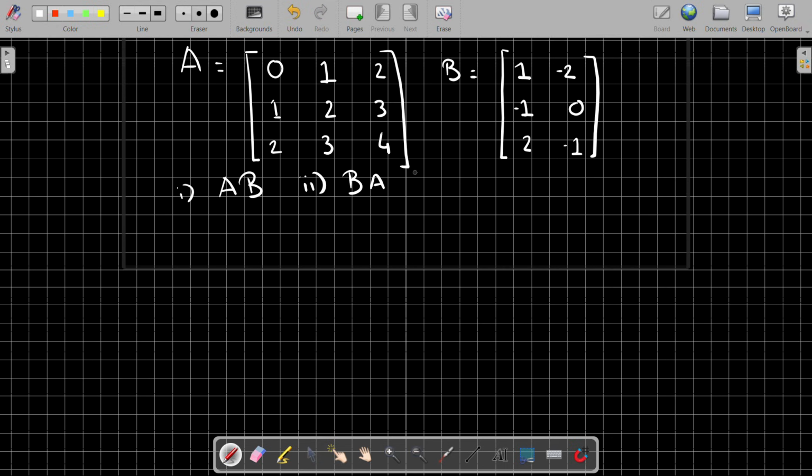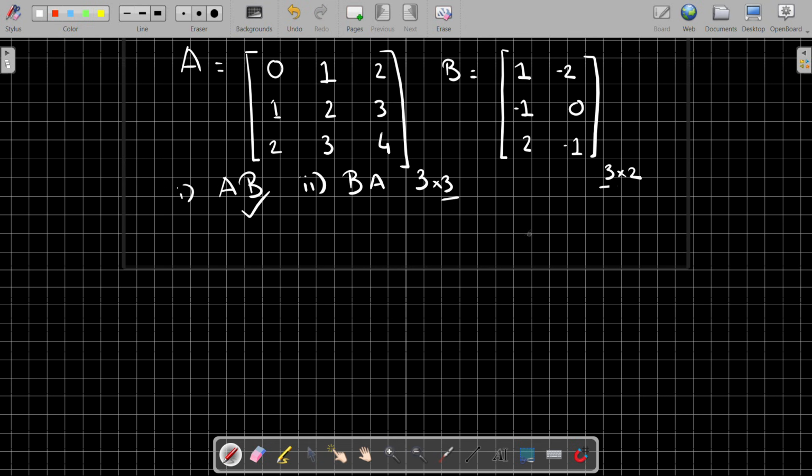So let's get started. So first off, we'll compare the orders. A is of order 3 by 3, B is of order 3 by 2. So if we multiply in the order A into B, we see the number of columns matches the number of rows. So AB possible.